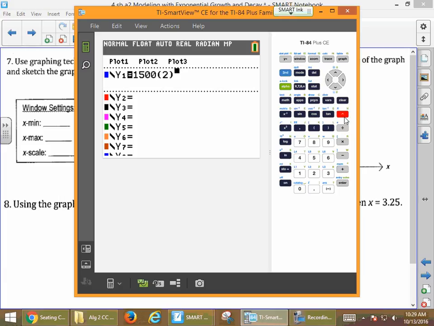But on our calculator, remember, window, then mode, then x comma t comma theta comma n. We're going to use that button there right beside the alpha button. It's going to be x.